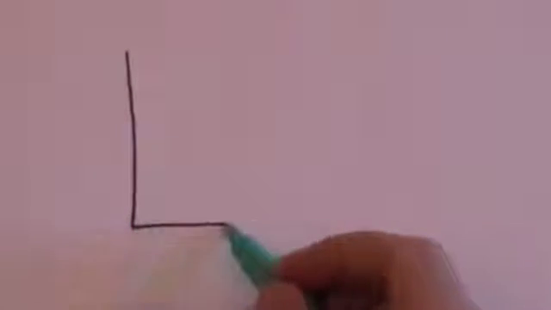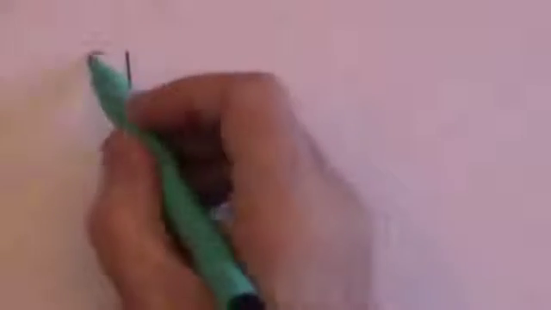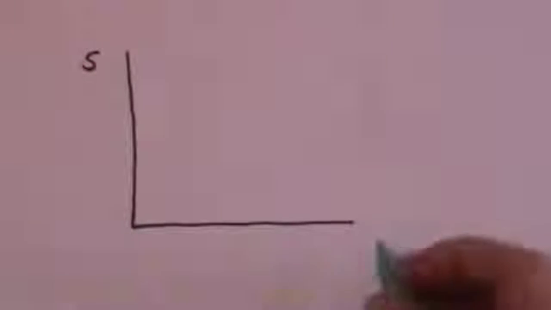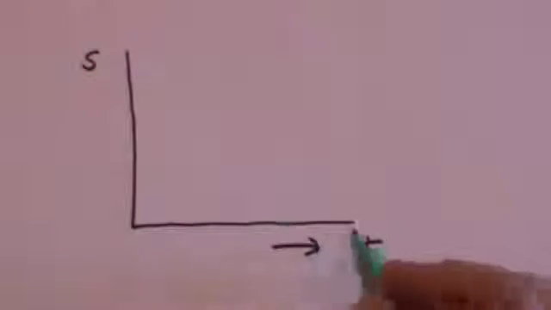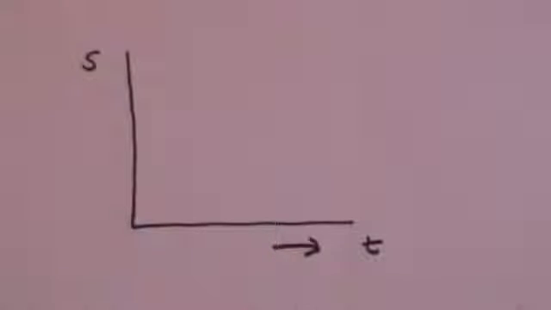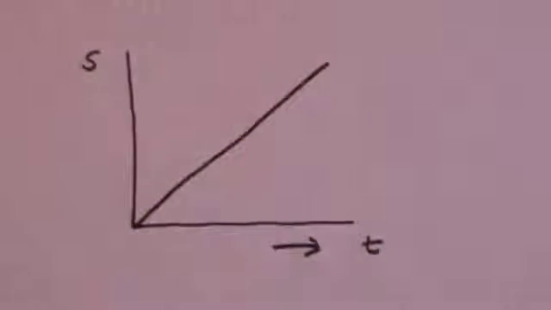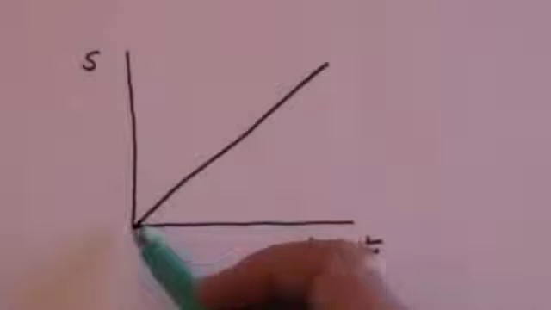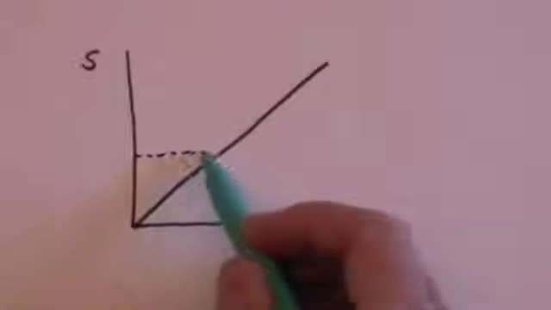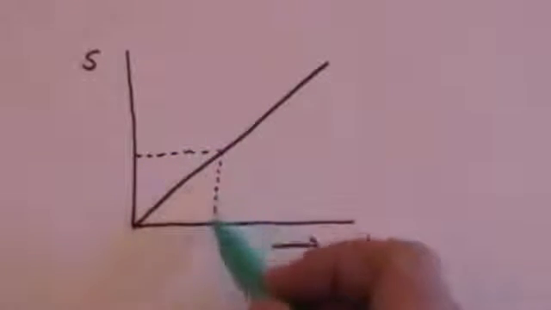But before we go on to other suvat equations, let's first think about a distance-time graph. This is distance in this direction and time travelling in this direction. And supposing I draw a line that represents distance against time, so that you are travelling a certain distance in a certain time.